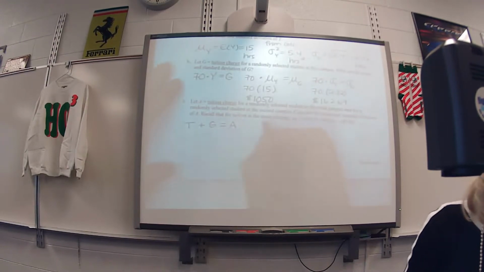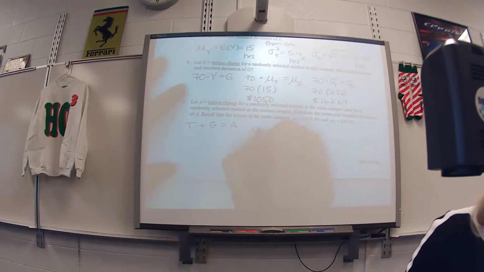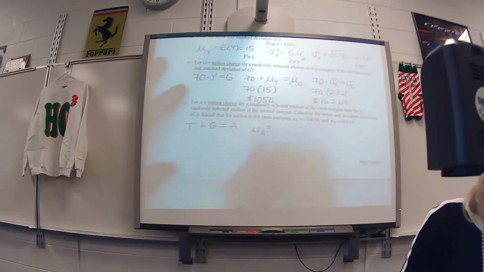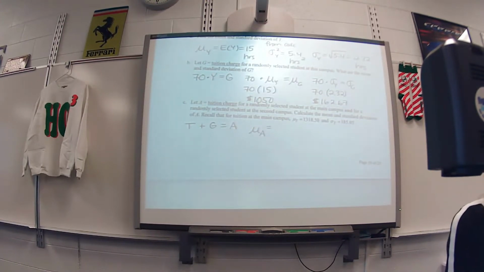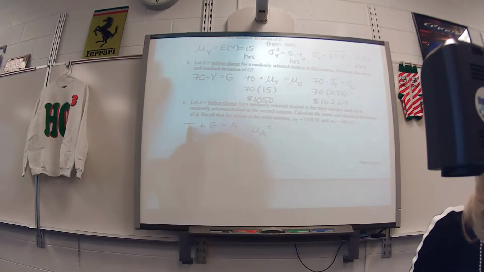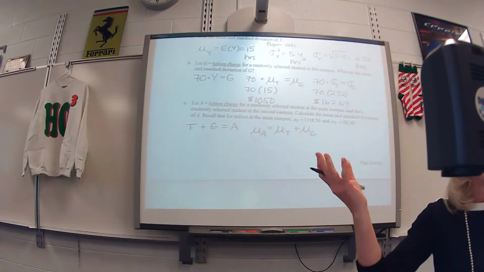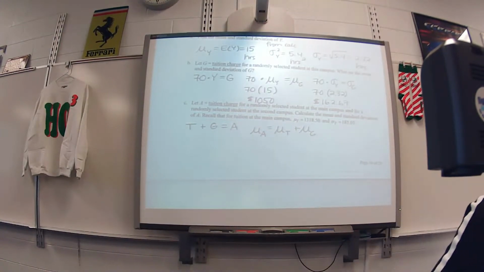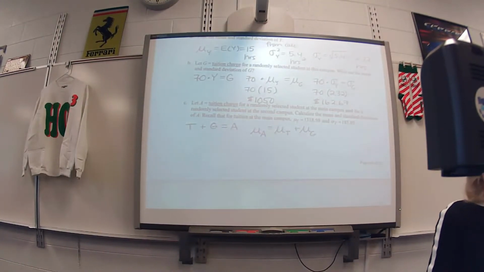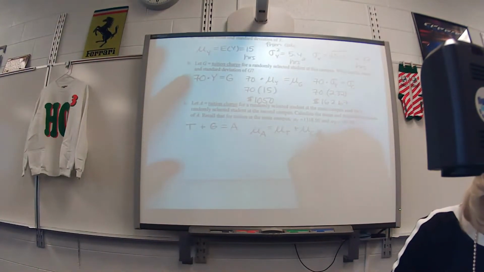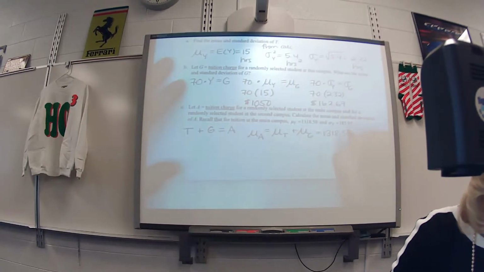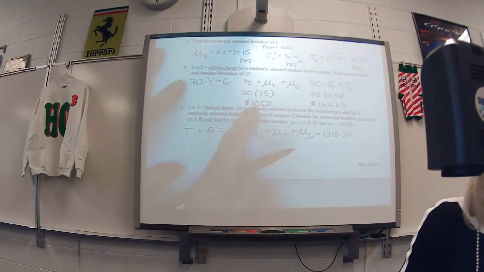If I now want to calculate mu sub A, what we just discovered on the previous page is that you are literally allowed to just say, what is the mu for T? What is the mu for G? Add them together. If there was a third campus, I could add them too. So this answer is going to be the 1318.50 from yesterday plus the 1050 from today.